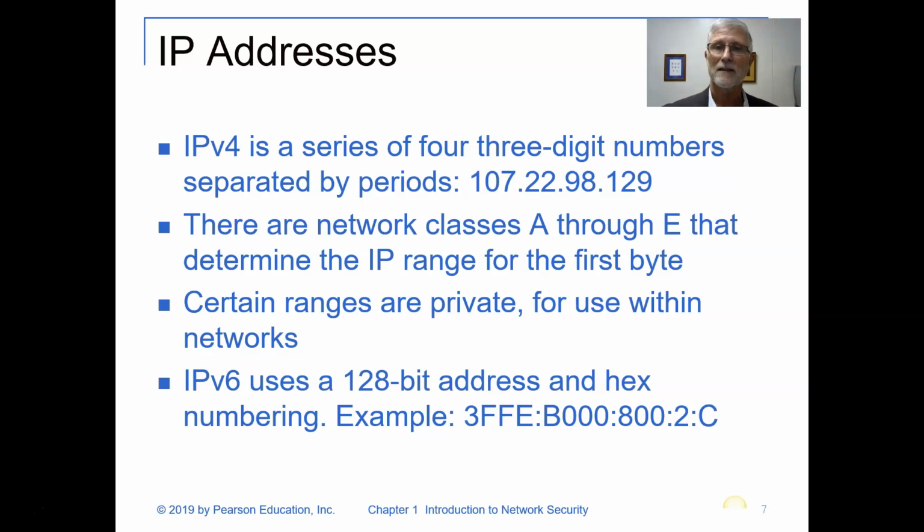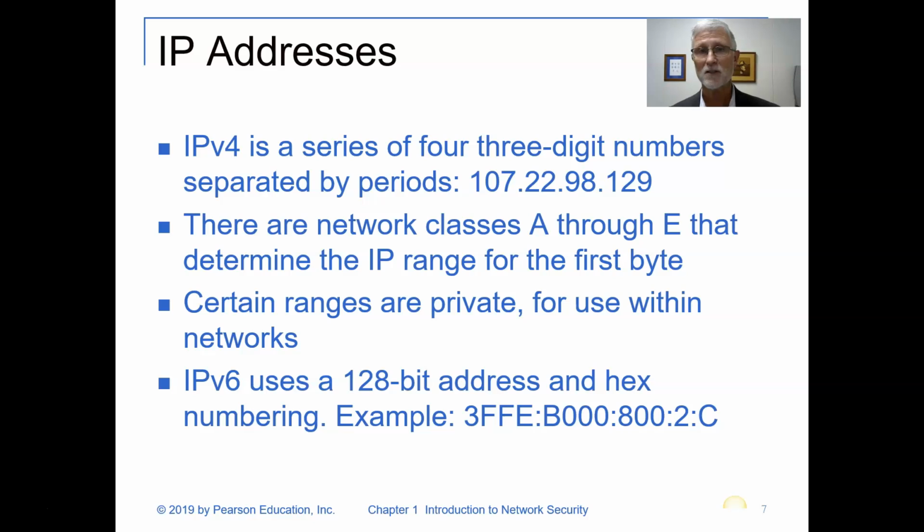And part of that, these address ranges in these classes tells me for class A, let's say the private sector is any address that starts with 10. So it's 10.0.0.0 to 10.255.255.255 is the range of private addresses for a class A. There's a range for class B and a range for class C that are private and public.